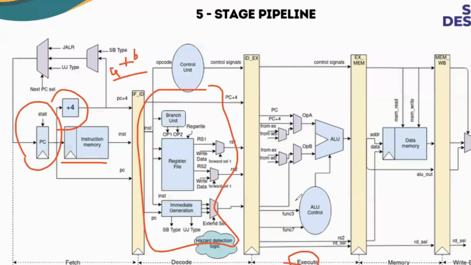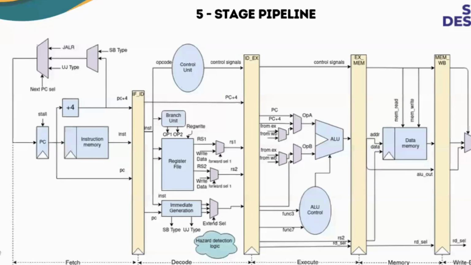In the execution stage, there will be an ALU to perform the arithmetic and logical operations. From the ALU, there would be a memory stage. In the memory stage, the data would be written to the memory or to the register. So this is the internal architecture of the five-stage pipelining.